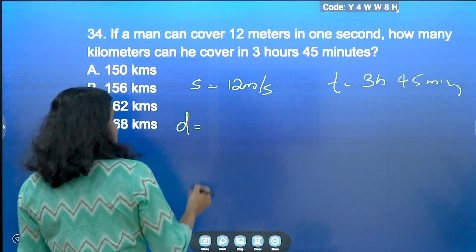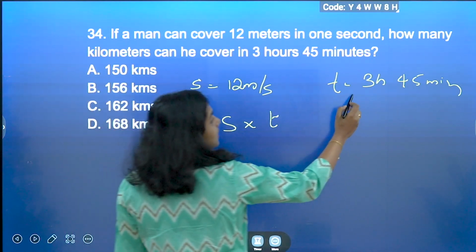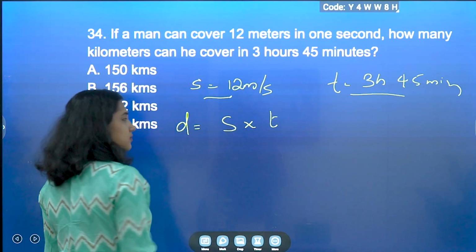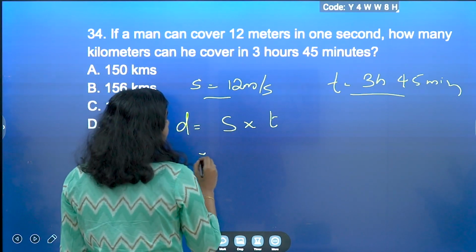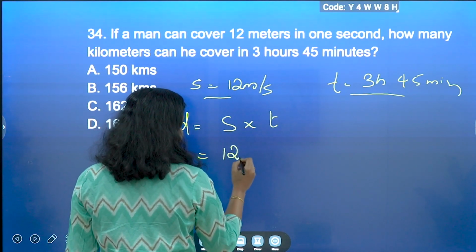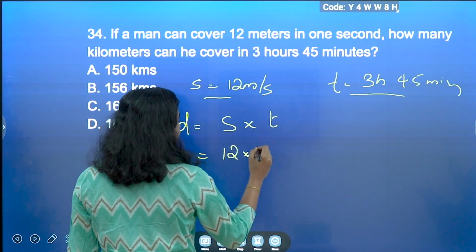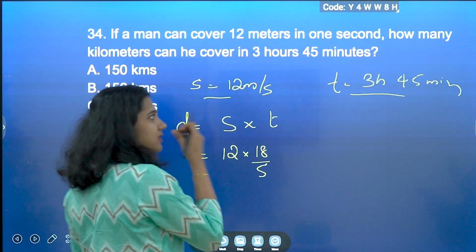Now distance is equal to speed into time. So here time is in hours, speed is in meter per second. So you have to convert that into kilometer per hour, right? So speed is 12 meter. So 12 into 18 by 5. So here it is 3 hours and 45 minutes.